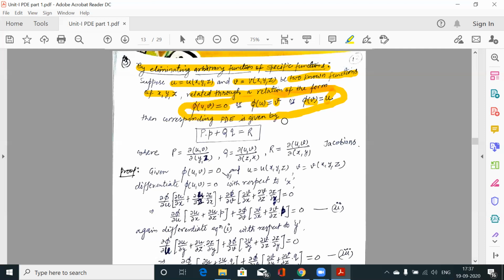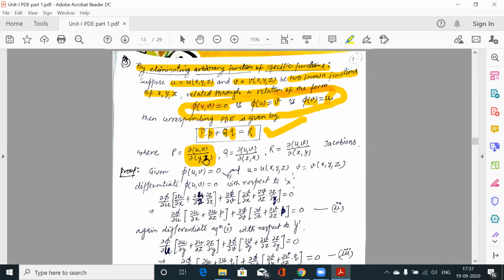What would be our answer? Our answer would be a first order PDE of this form: capital P into small p, plus capital Q into small q, is equal to capital R, where small p and small q are simply the first order derivatives, del z over del x and del z over del y, and this capital P is a Jacobian.